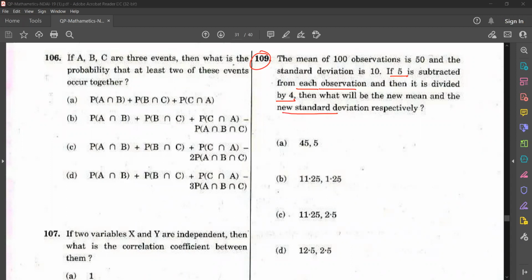All of you try. This is a frequently asked type of question. That means what happens to mean and standard deviation once we add or subtract or something like that. So just read and try to do. Once you get the answer, comment it.